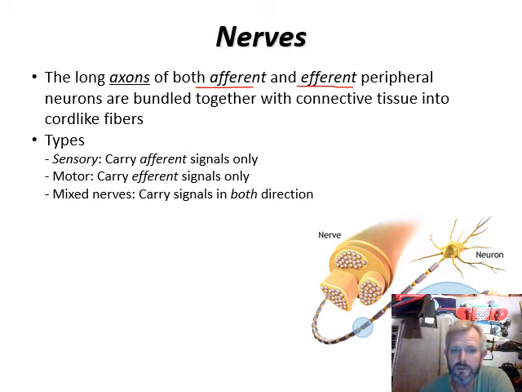Some nerves are moving information in both directions, with some axons going afferent and some going efferent, so we can have mixed nerves. You may have learned some of these when you did your cranial nerves, because some of those are sensory, some motor, and some are mixed.